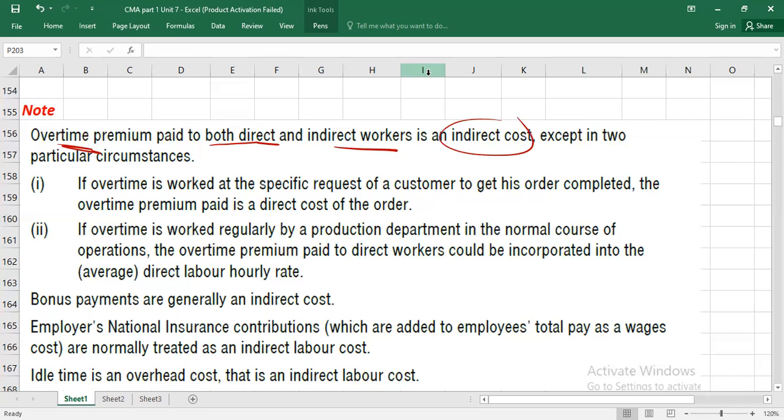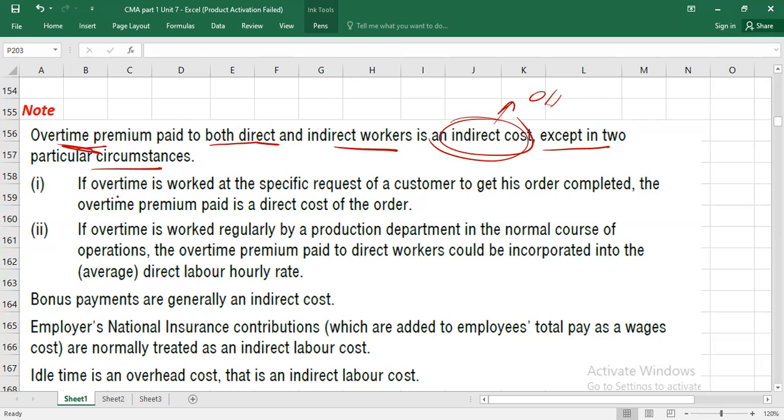Indirect cost means overheads. These are treated as overhead, but we have exceptions, except in two particular circumstances. This is just bookish; practically it depends upon company policy how they are treating. Normally overtime premium is part of indirect cost, which means part of overheads.